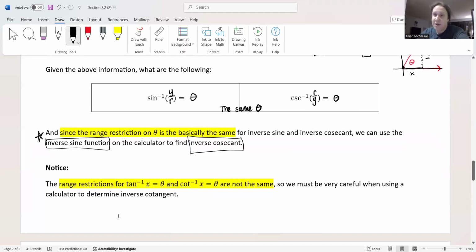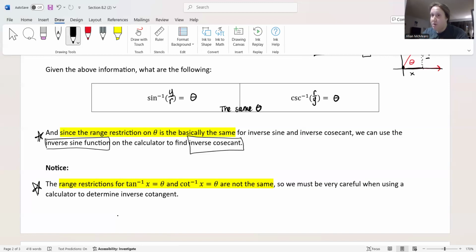Now, just like with defining these inverse trig functions, it's cotangent that's weird, okay? I'm not going to go too deep in this, just know cotangent is the weird one. The issue with cotangent is that when we were building the inverse tangent and the inverse cotangent functions, we of course had to restrict the domain on the standard tangent and cotangent functions, but we couldn't restrict those domains in the same way.